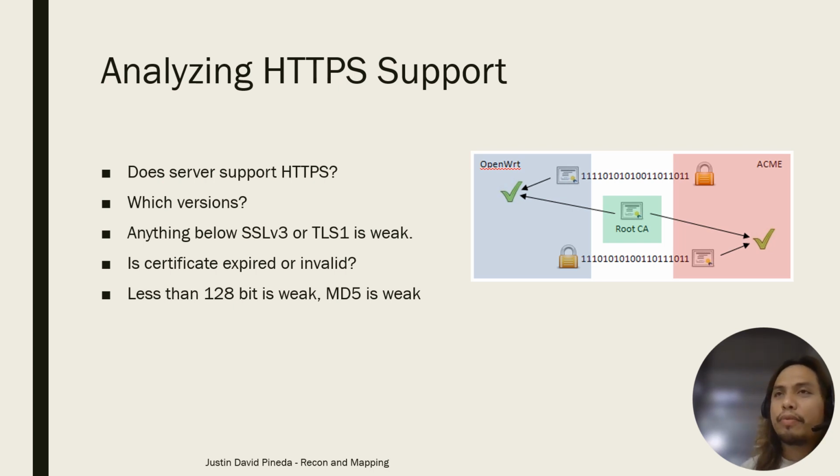So first and foremost, that's the first thing that you will ask, and if yes, it has to be there. If not, it should not be in production. What version? Anything below SSL version 3 or TLS 1 is weak. Is the certificate expired or invalid? Less than 128 bit is weak, MD5 is weak.